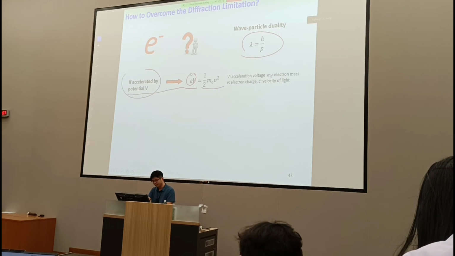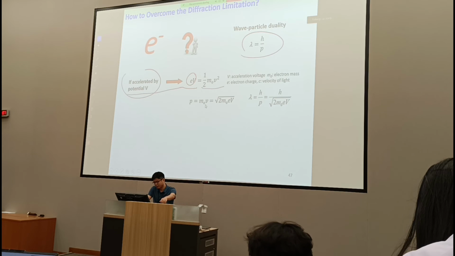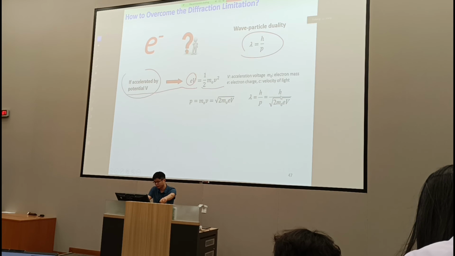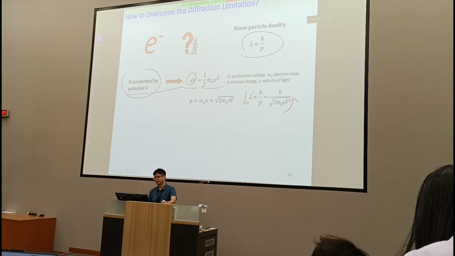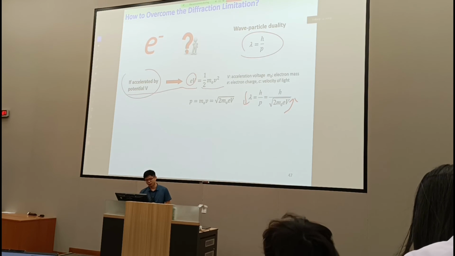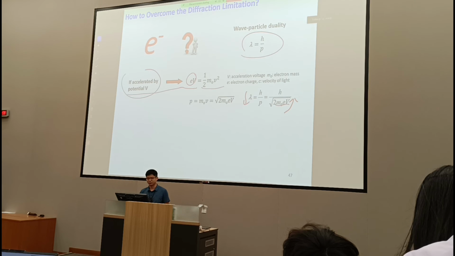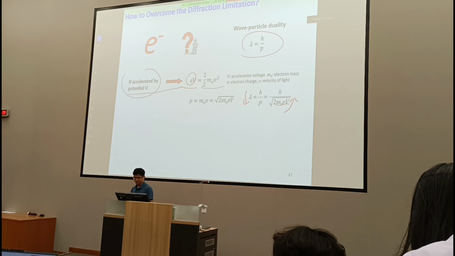From the applied voltage, you can derive the momentum of your electrons, since m times v can be substituted into the de Broglie equation to get lambda. If you increase the acceleration voltage, you decrease lambda. Increasing the voltage makes the electrons travel much, much faster. And there is a limit: how fast the electron can travel, the maximum speed.